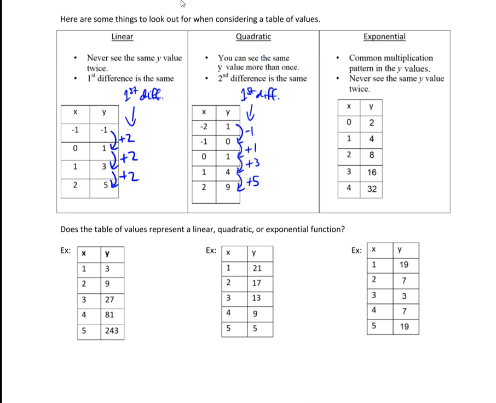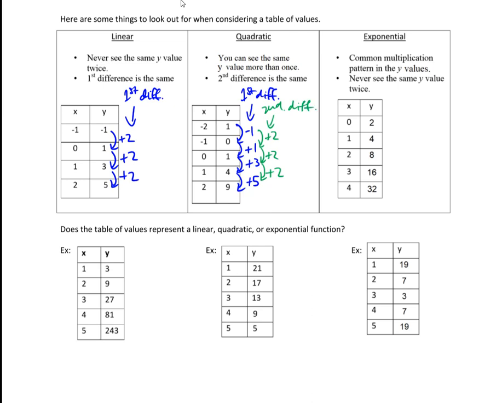Now if we find a second difference between these, between -1 and +1, that's going to be +2. This is going to be +2, and this is going to be +2. So this represents our second difference.